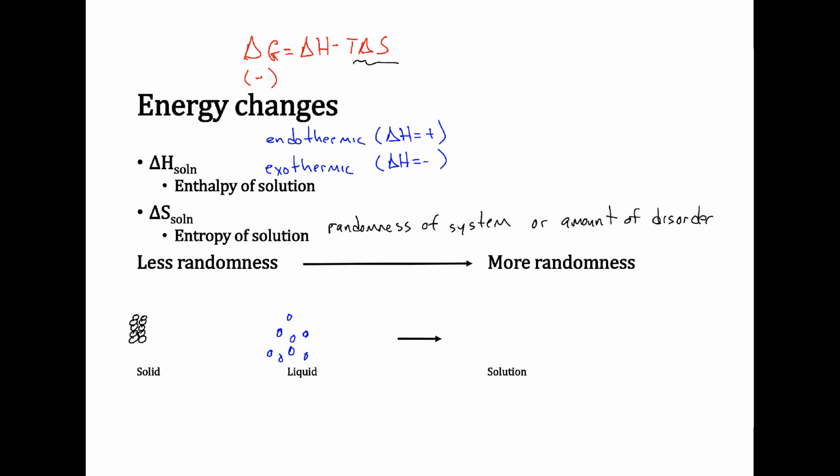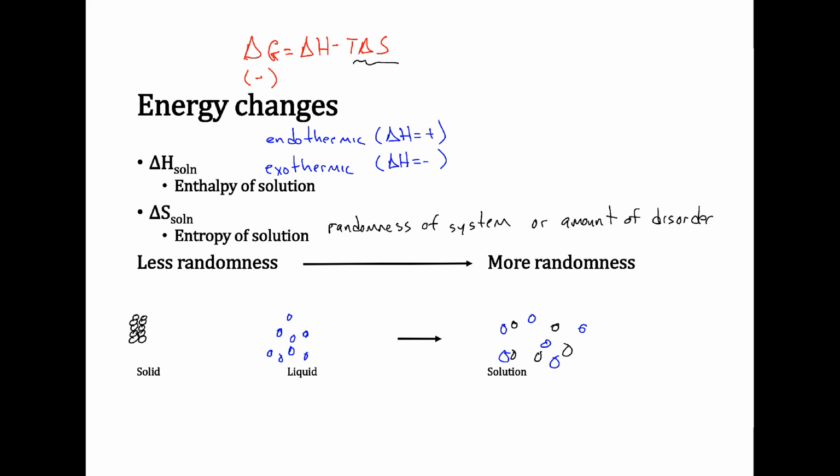If the solution is formed, so if the solid is dissolved, we may end up with something that looks like this. We went from a highly organized solid and a liquid that was interacting with itself, to this much more random solution.